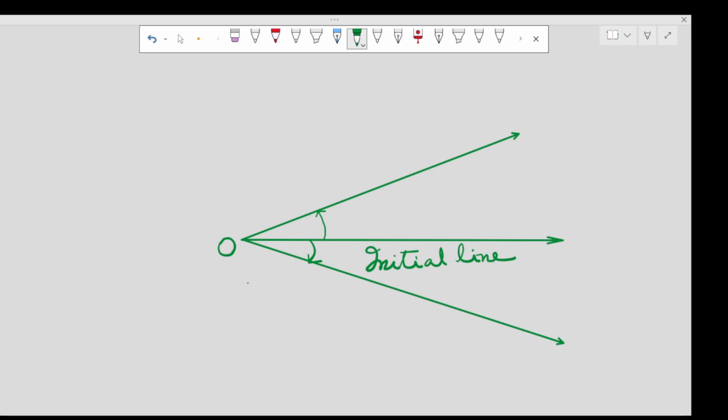So this is a positive angle, and this is a negative angle. Suppose we denote this angle by theta. The theta symbol is like this.